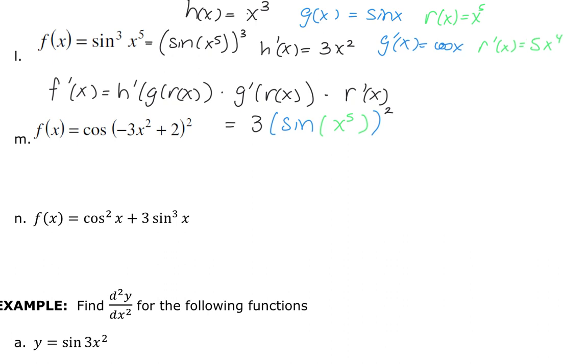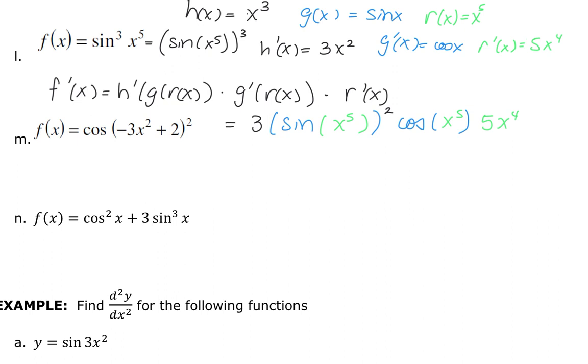So this is going to be the cosine of, my next inner function, x to the 5th. That is g prime of r of x. Now I have to do my most inner function, which is the r prime, which is 5x to the 4th. Of course, I would clean that up algebraically, but there it is where I have 3 functions that are nested.